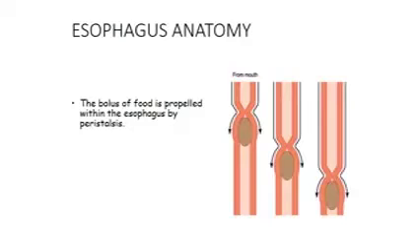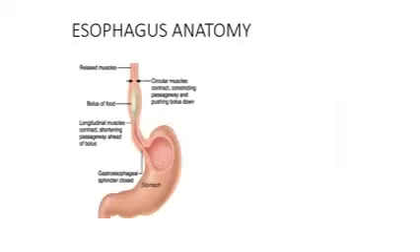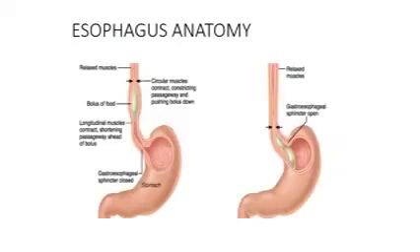The bolus of food is propelled within the esophagus by peristaltic waves. The esophageal wall is composed of two layers of muscles.